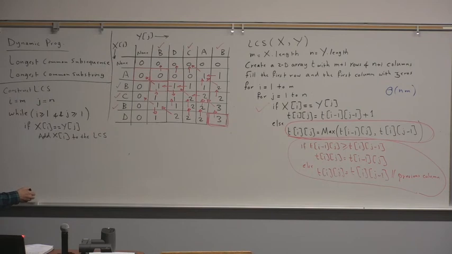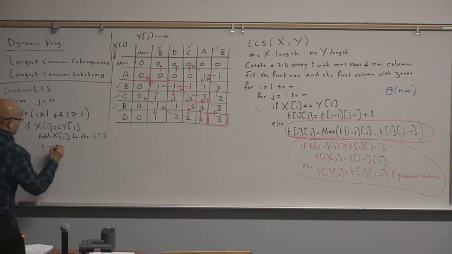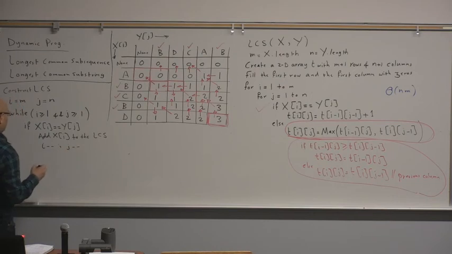Then we have to go diagonal. How do we go diagonal? So i minus minus, j minus minus.